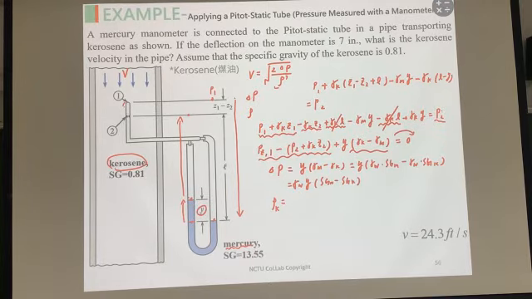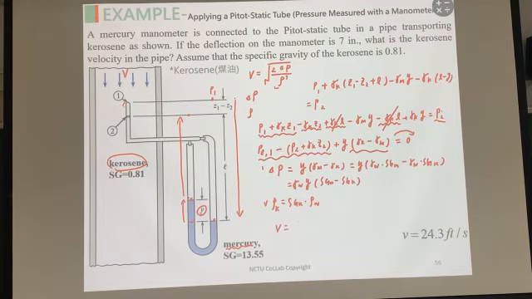We don't have the density of the kerosene, but we have the SG numbers. So SG kerosene multiplied by rho W is equal to rho K. So we already prepared the delta P and the rho.